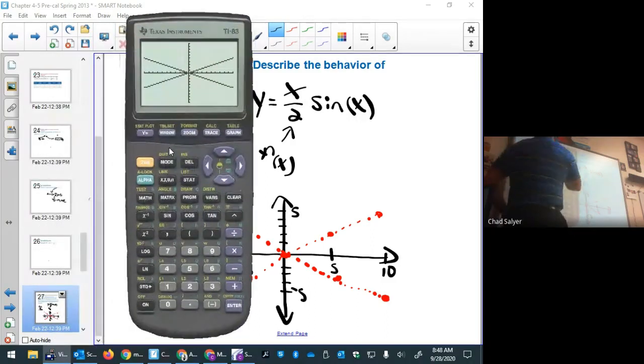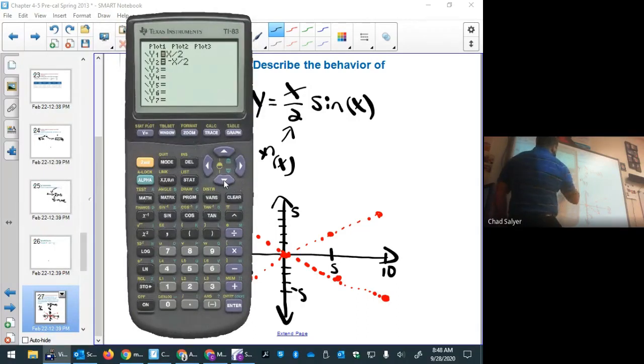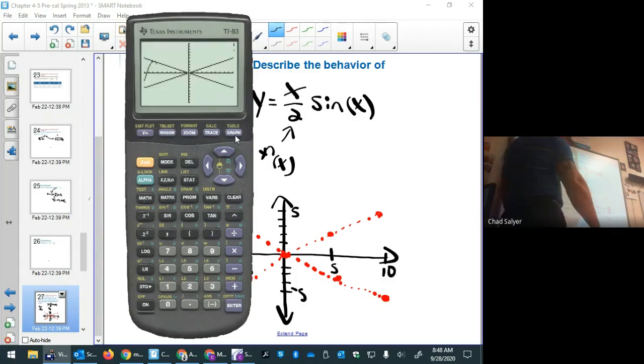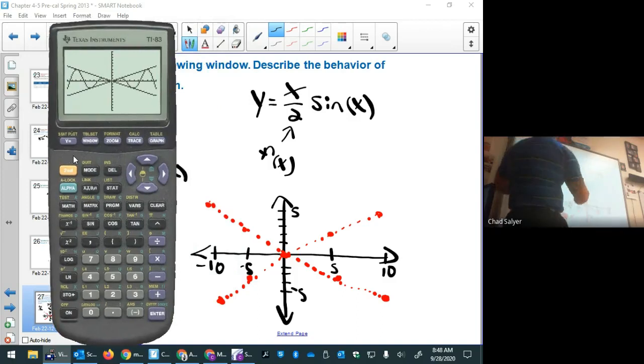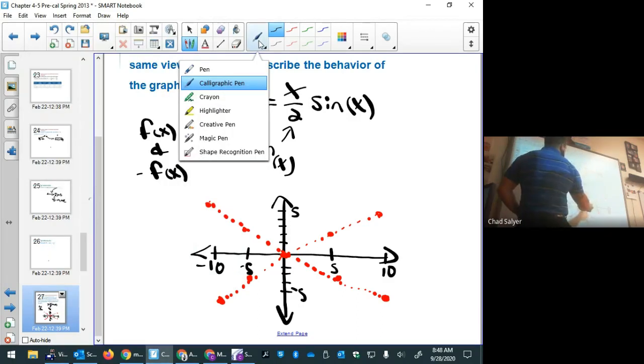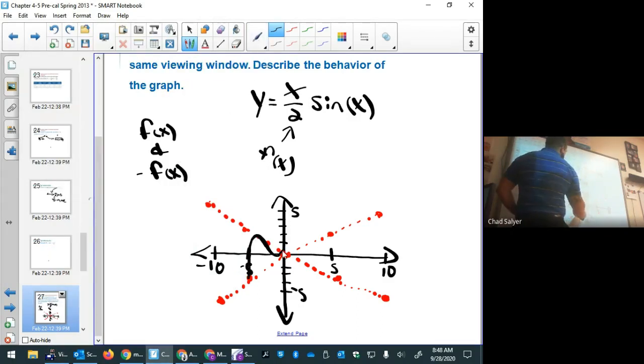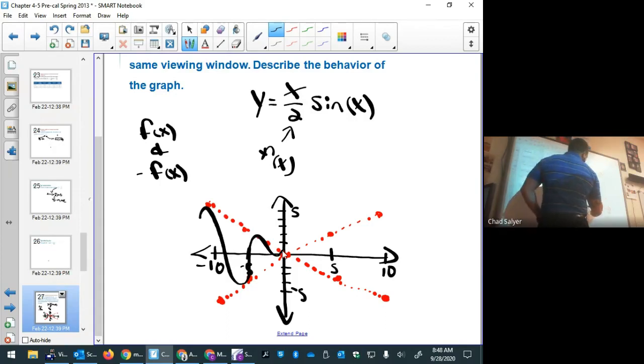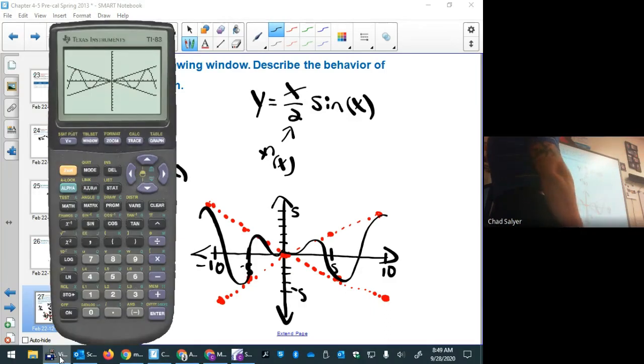And now if I graph x divided by 2 times the sine of x, you get that? Something like this. Dampened trig function.